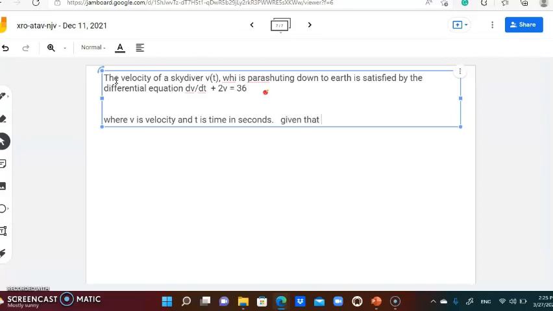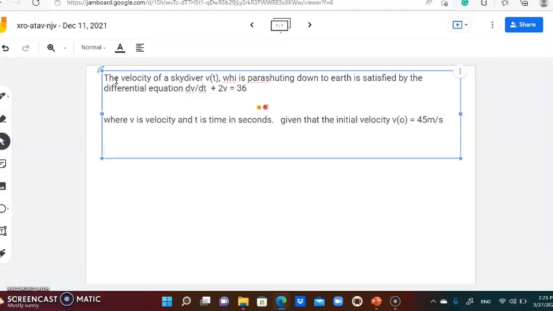Given that the initial velocity is equal to 45 meters per second, express v in terms of t when t is measured in seconds.